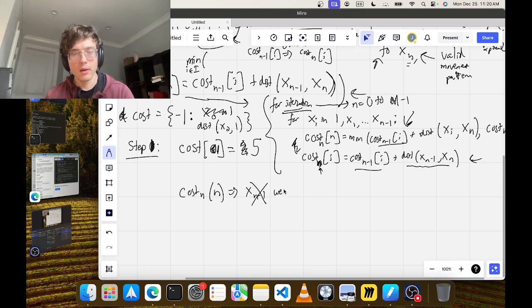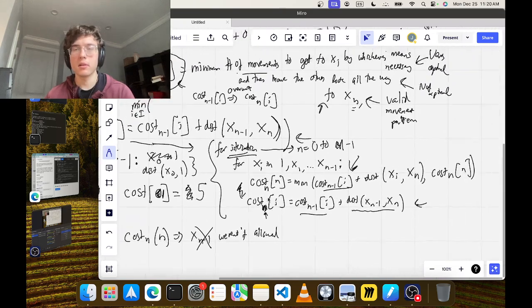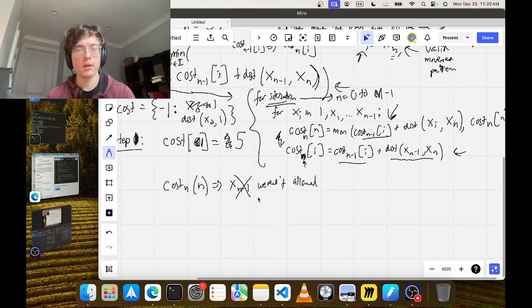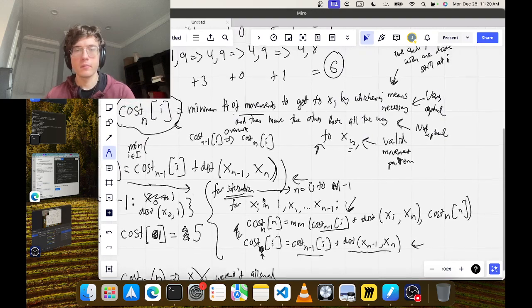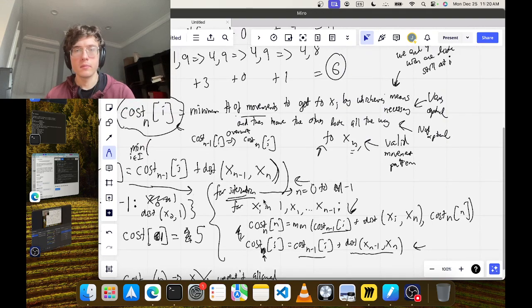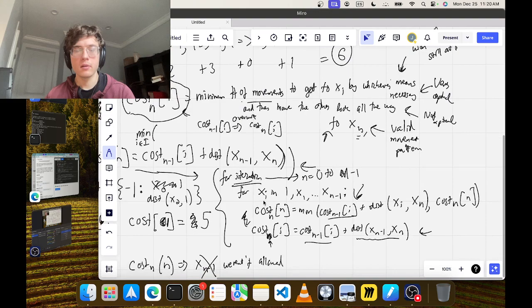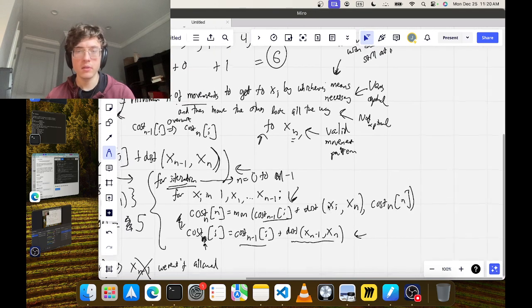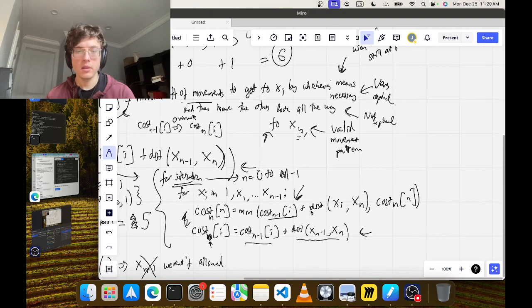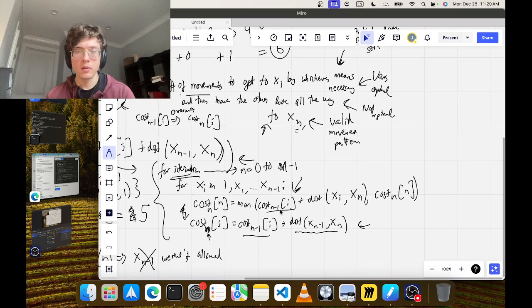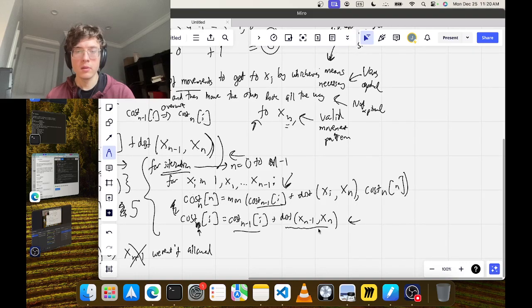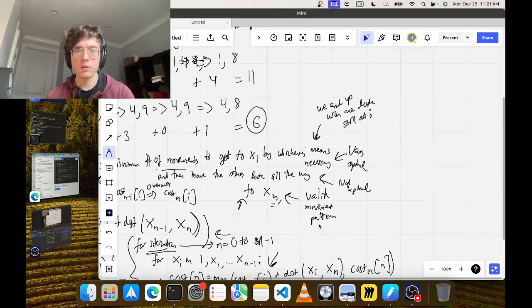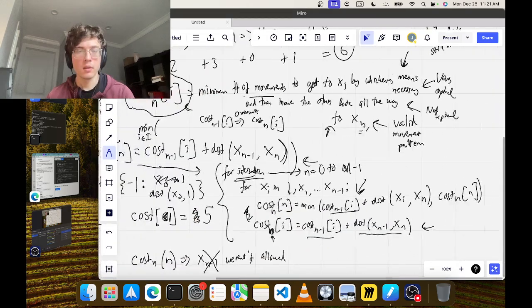I think I'm getting confused about xn minus 1, but because we're trying to touch xn, cost n minus 1, we end up with one lock still at i.